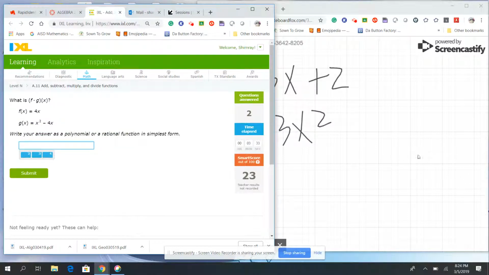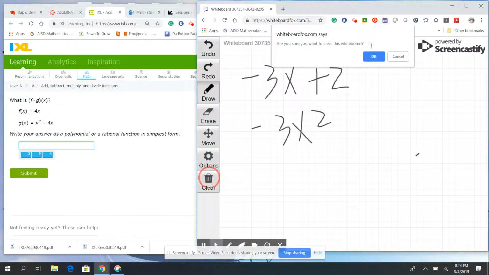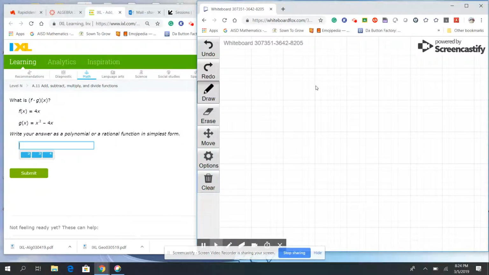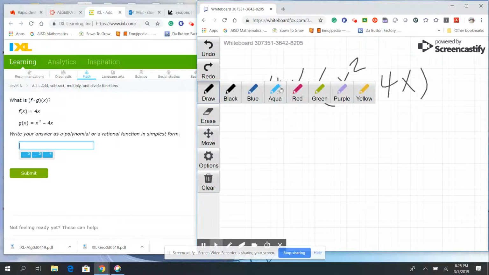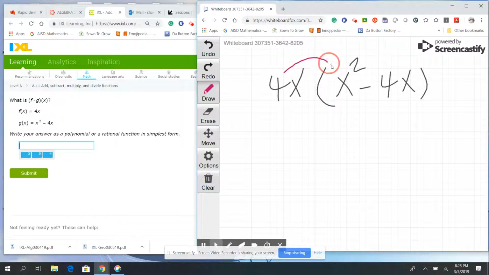Okay, so for the next one, this symbol represents multiplication, which you write out this way. So it's 4x times x squared minus 4x. So you can do 4x times x squared and then 4x times negative 4x.